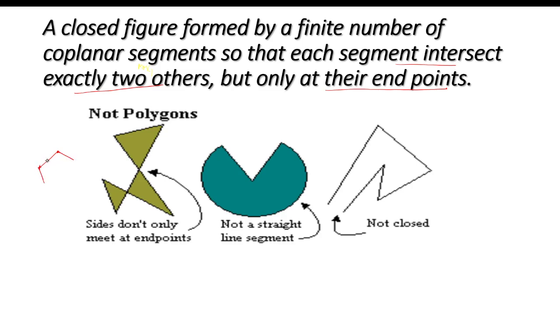So here this one is your line segment, and this is not, because you can see this line segment is joined with other 1 2 3 4 line segments. Same like that, here again this one is also joined with 1 2 3 4 line segments at the end point. Now this one is also not a polygon because it has curved side, and here you can see this open side, so again this is not a polygon.